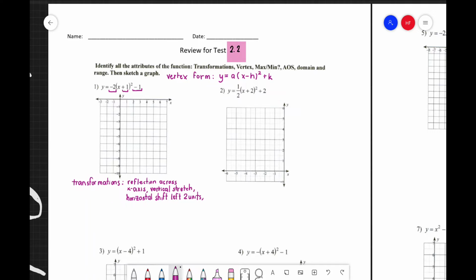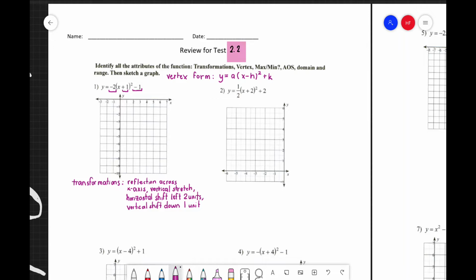Remember, what those last numbers, we take them as they are. So minus 1 is going to be moving down. So we have a vertical shift down 1 unit. So those are my transformations on the graph from the parent function.